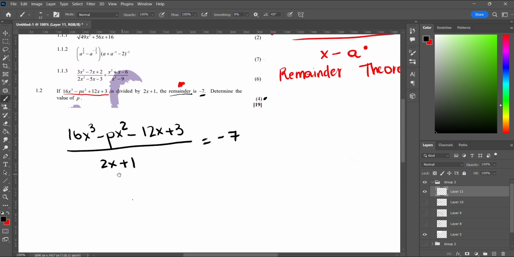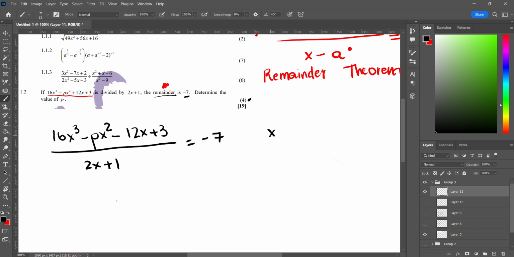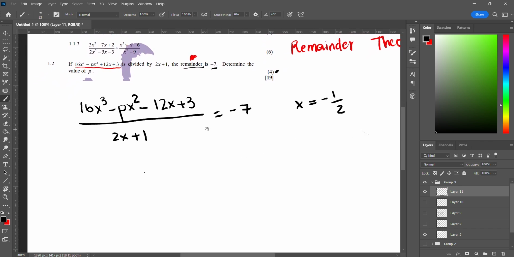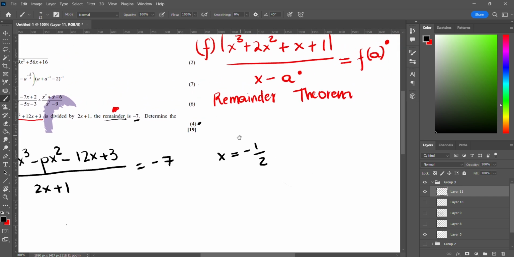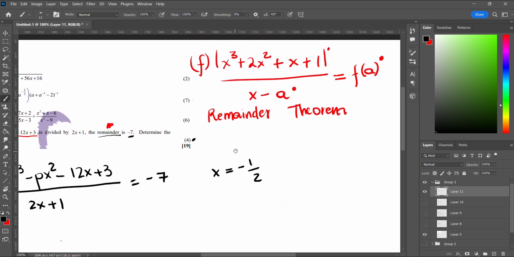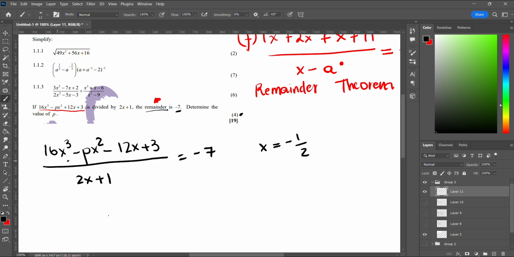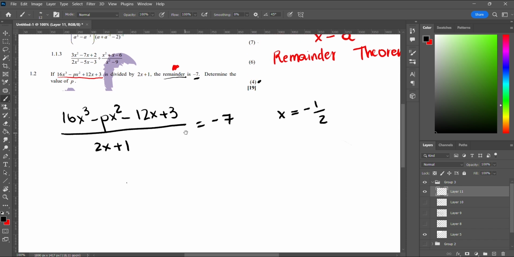So we have then x equals minus 1 over 2, and to solve this, remembering this is because of the substitution of minus half.